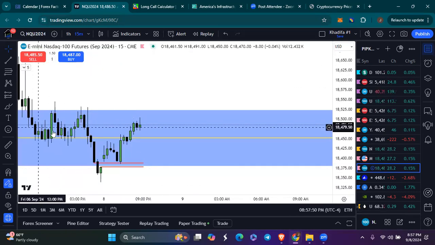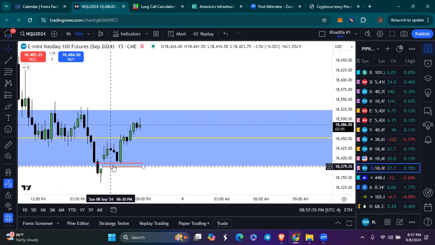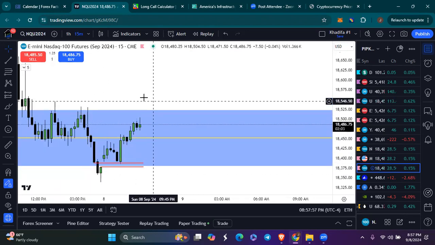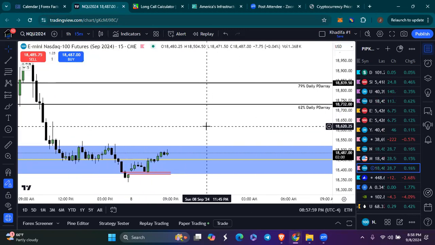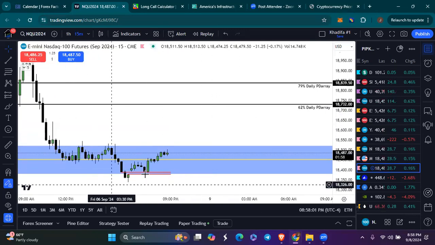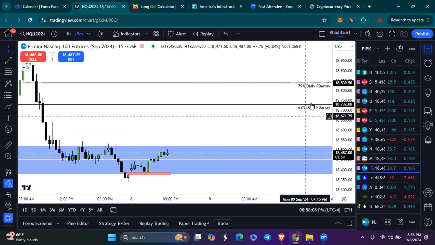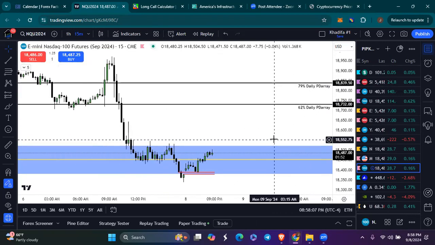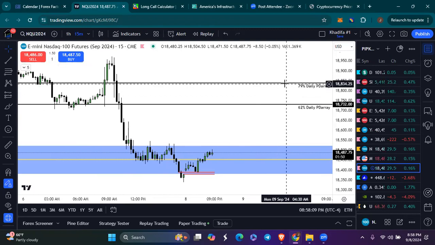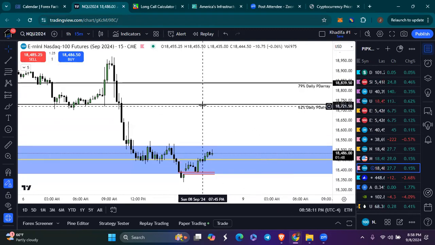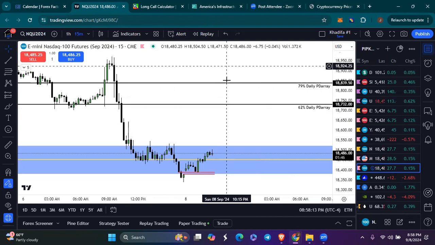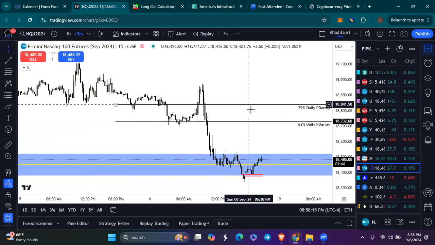You can also see this 15-minute AMD, accumulation, manipulation, distribution, setting up, which is added confirmation that price is going to be reaching up for these premium levels before either continuing to sell off or breaking through those levels.